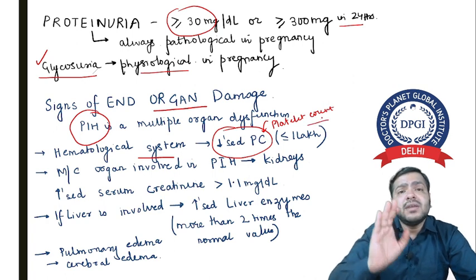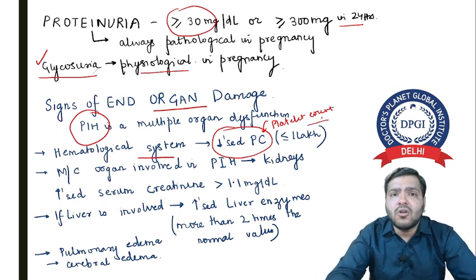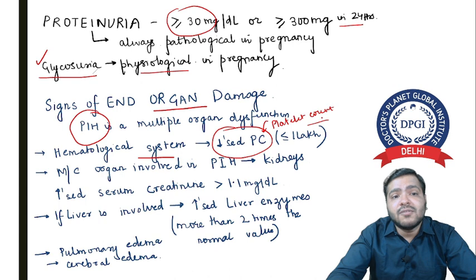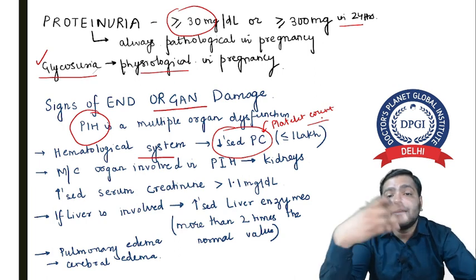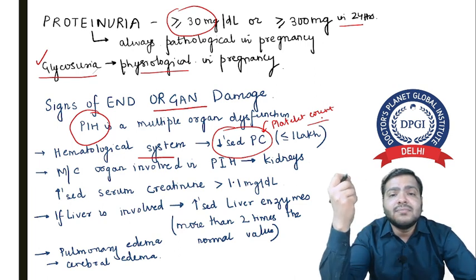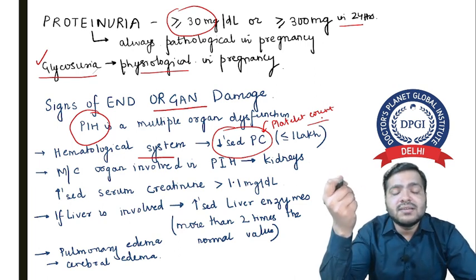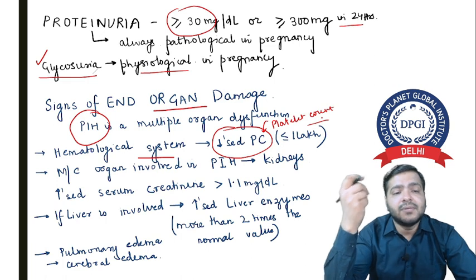If the platelet count is normal, then we don't look for other parameters or other functioning of the organs. So the very first thing that you should look at is the hematological system, that you should look for the CBC, complete blood count. And in that case, if you find that the platelet count is decreased or is less than 1 lakh, it means that the hematological system is disturbed.